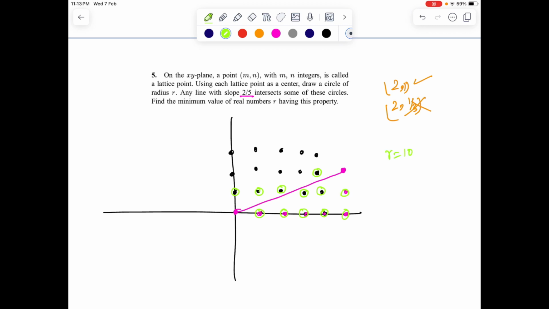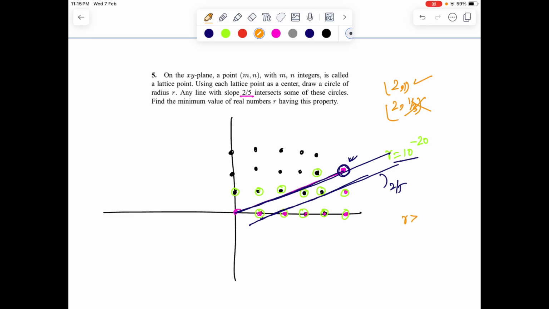So clearly, if we draw circles on each of these lattice points with radius r, if I take the radius to be 10 to the power, let's say, minus 20, then it's too small. Of course, a line with slope 2 by 5 is intersecting this circle over here, but it might happen that if the radius is too small, this line, let's say, still has 2 by 5 slope, but it's not intersecting any of the circles.